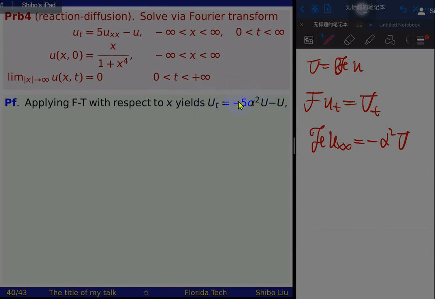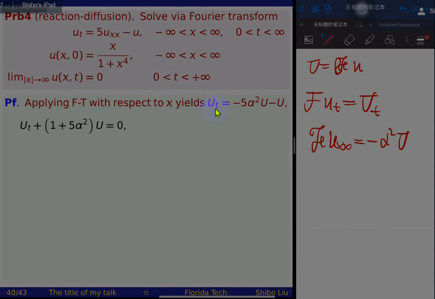And the second term on the right hand side is u, which after the Fourier transform is capital U. So this is the ODE we obtained by applying the Fourier transform to our PDE. This is an ODE whose unknown function is capital U and whose variable is small t.